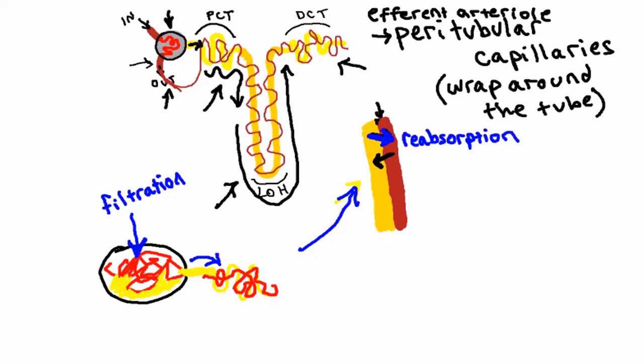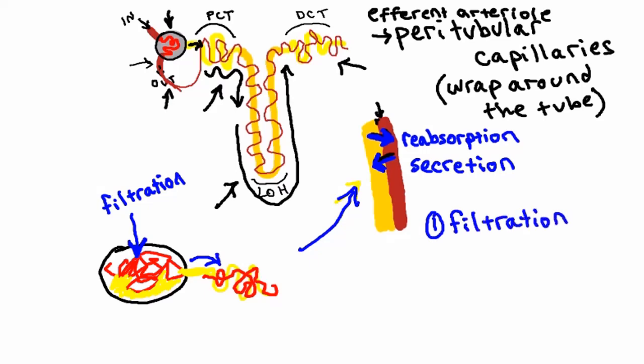And then the capillaries pick through the filtrate and take anything that they need, any nutrition or anything, so there's no nutrition in the urine. And then they squeeze it back out into the tubule again as urine, and that is called secretion. So those are the 3 steps to making urine.